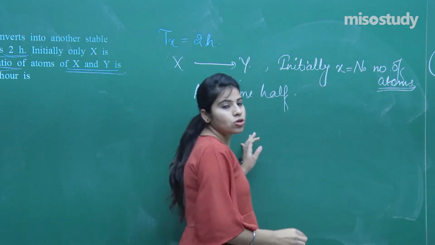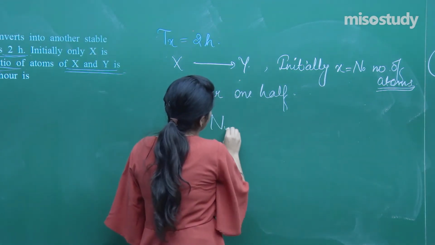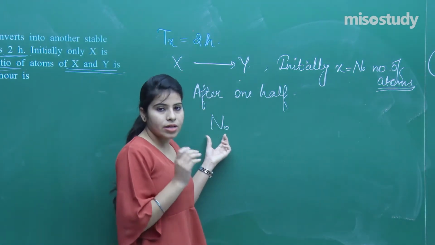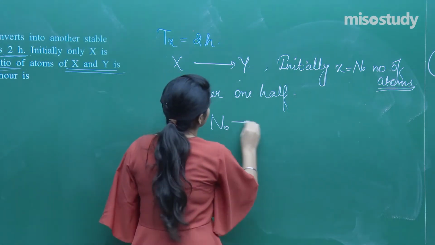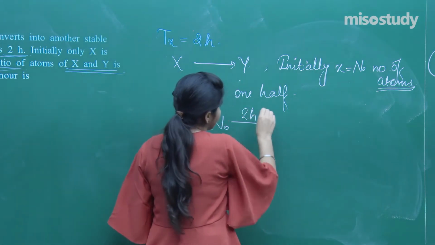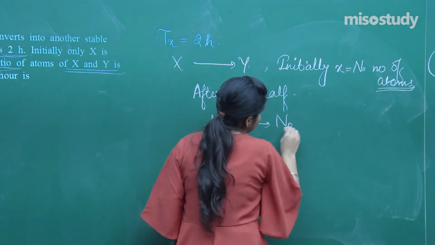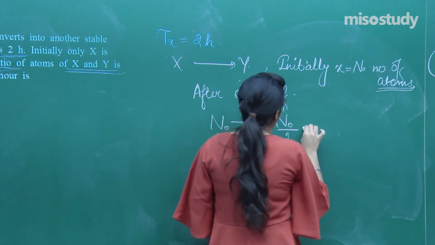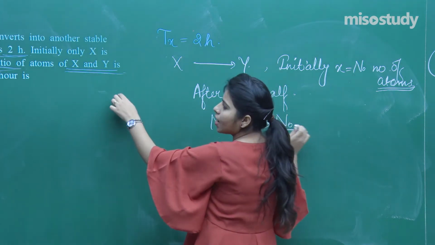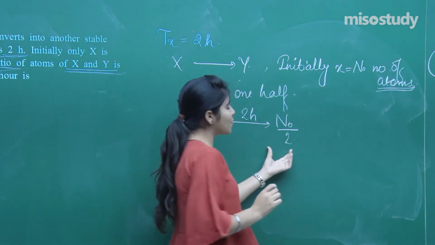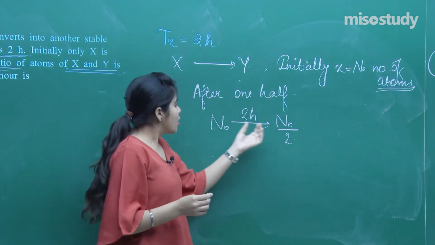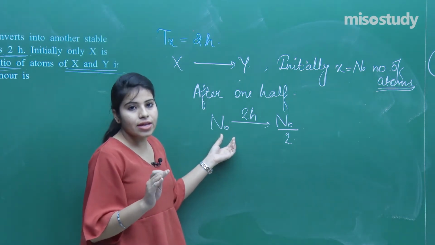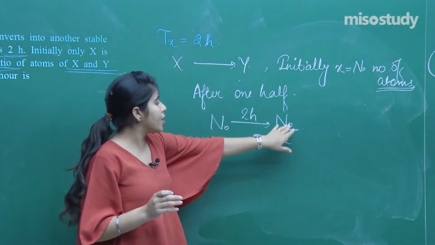Let me see what happens after one half life. Initially it was N naught. After 2 hours it is converted into N naught by 2.